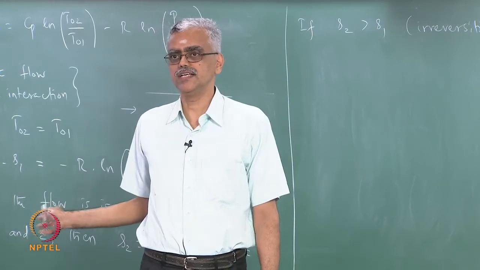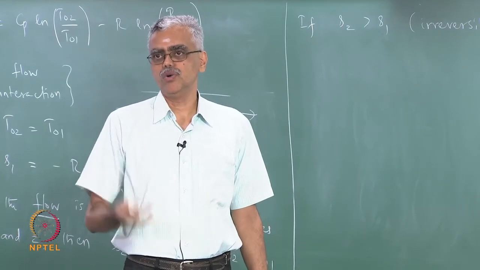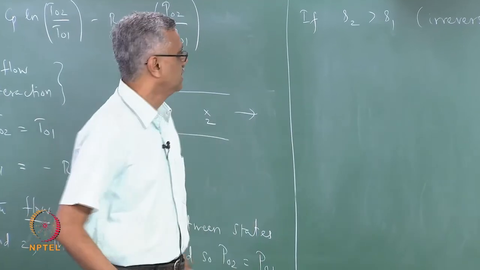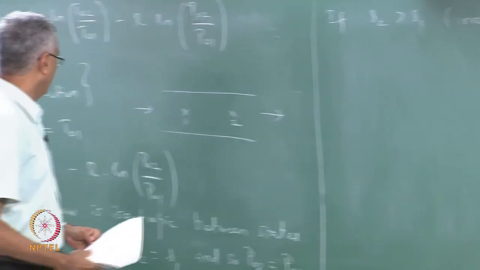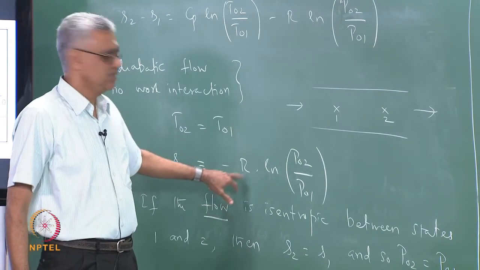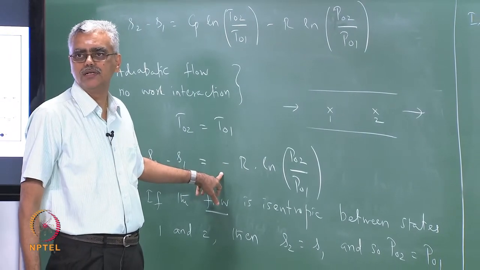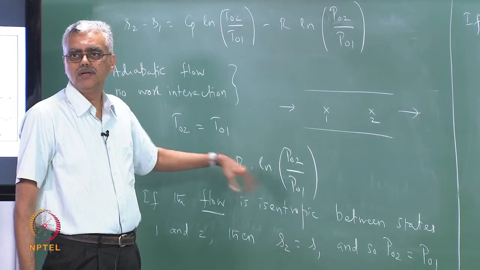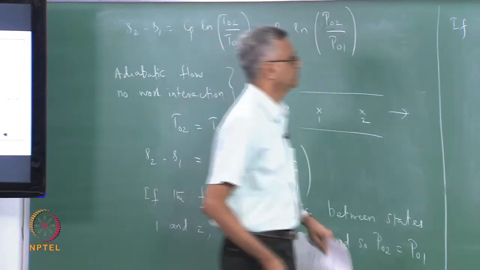So we have already looked at the case when it is equal to 0. So if it is positive, that means there are irreversibilities, then S2 is greater than S1, and from this equation, if S2 has to be greater than S1, there is a negative sign here. That means that P02 has to be less than P01.